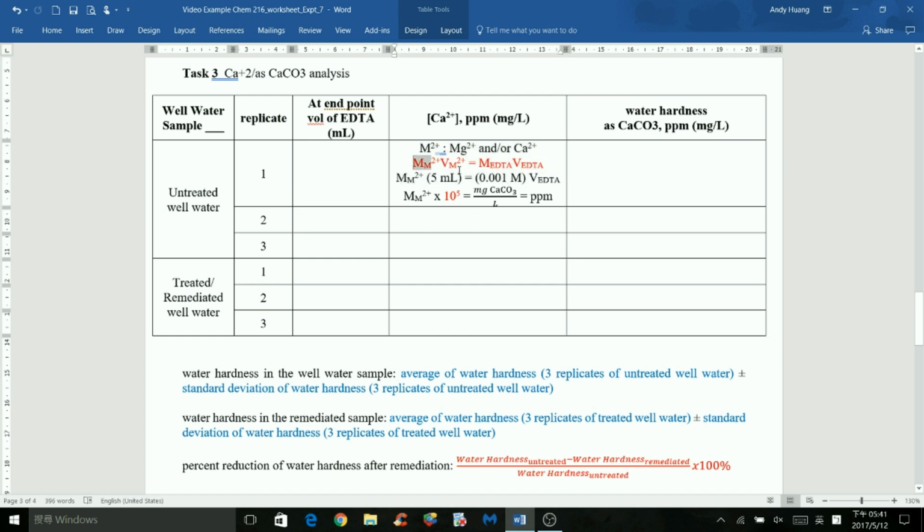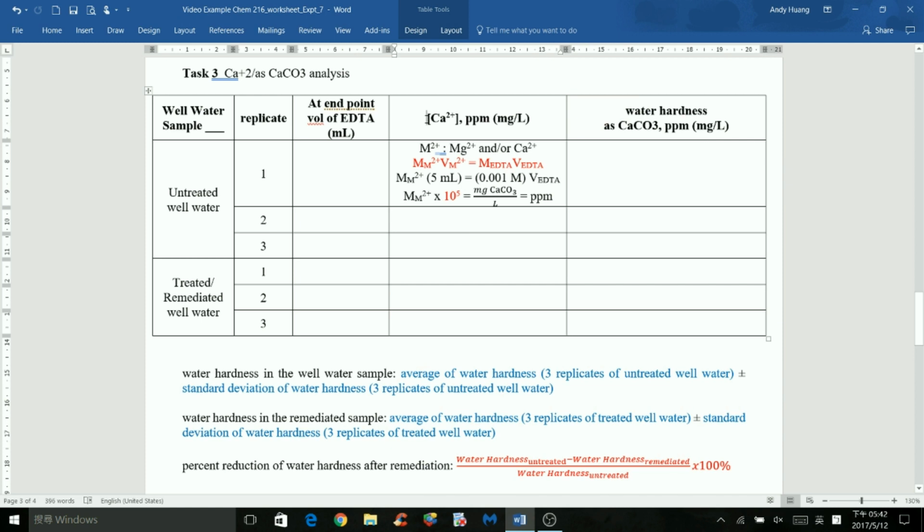And the equation in red. After you find out the molarity, multiply by 10,000, and you'll figure out the concentrations here and here.